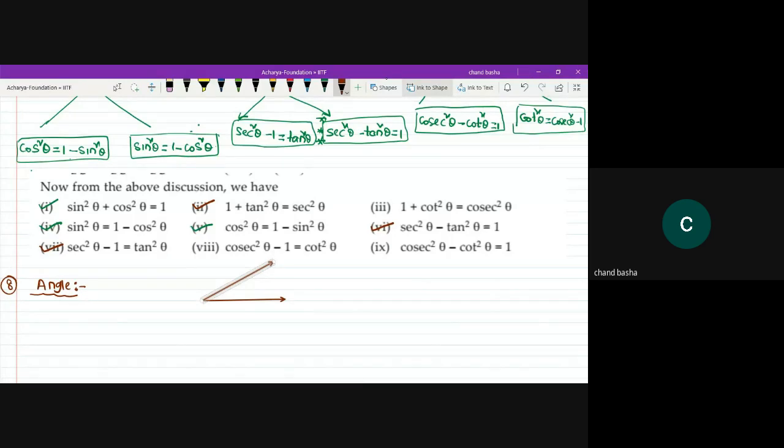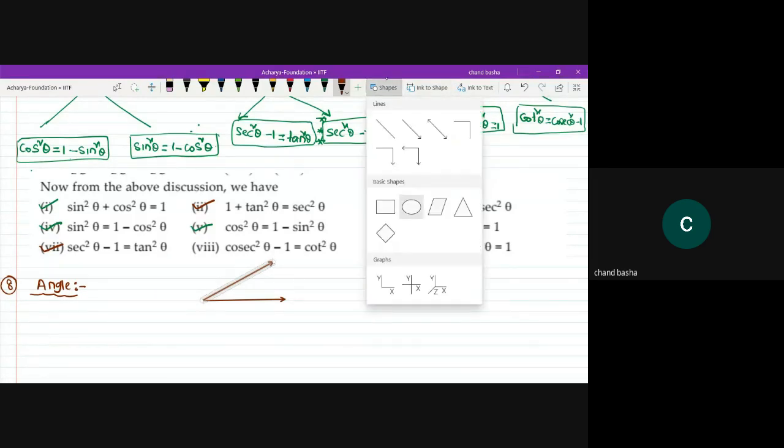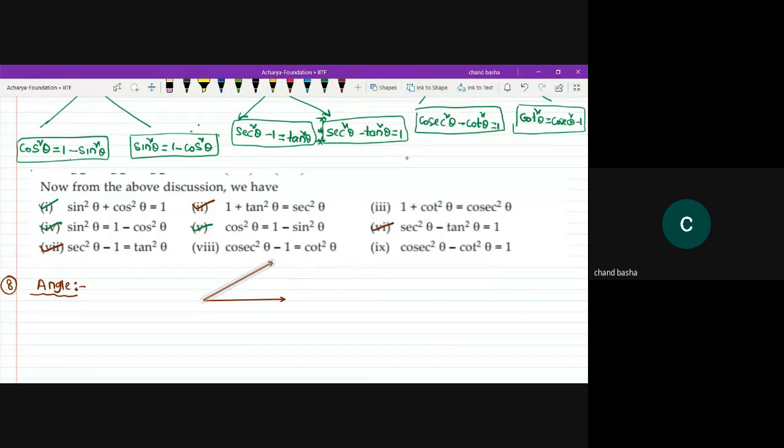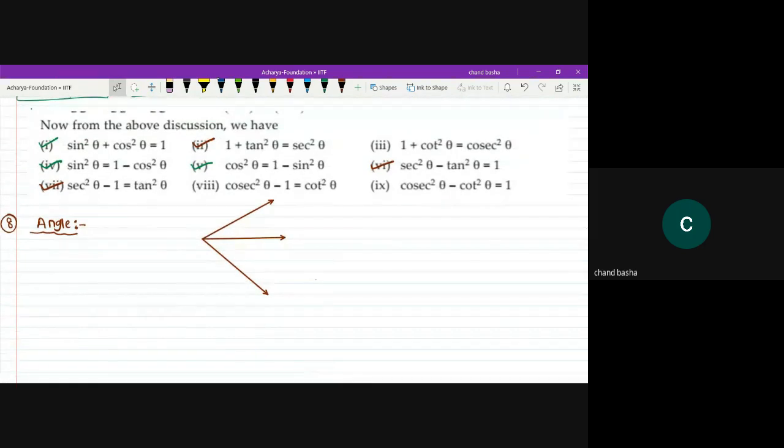The fixed ray and the terminal ray, what we can call that. And even the downside is also possible. The angle is also possible in the downside. This ray of the line we can call the initial ray.